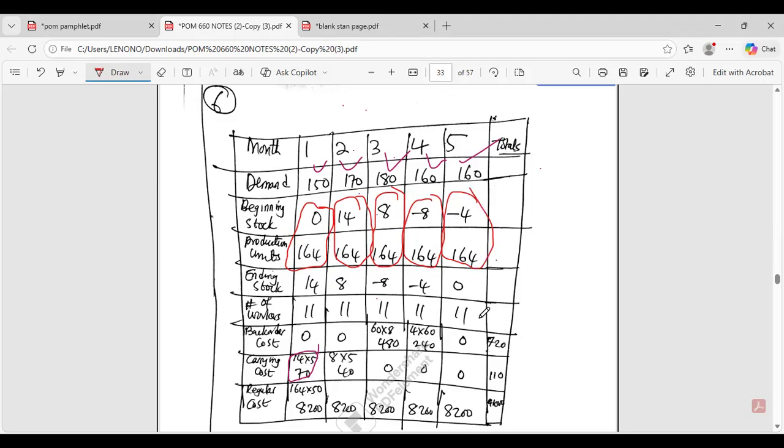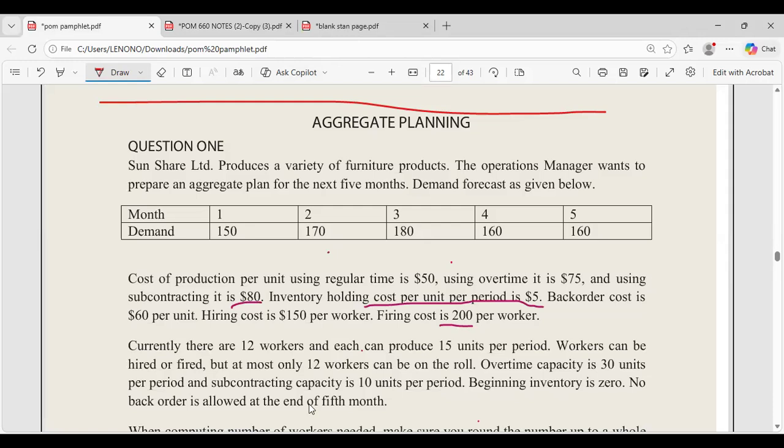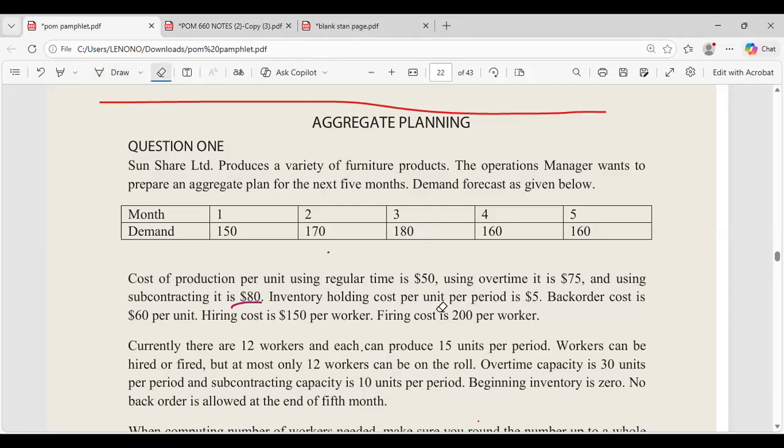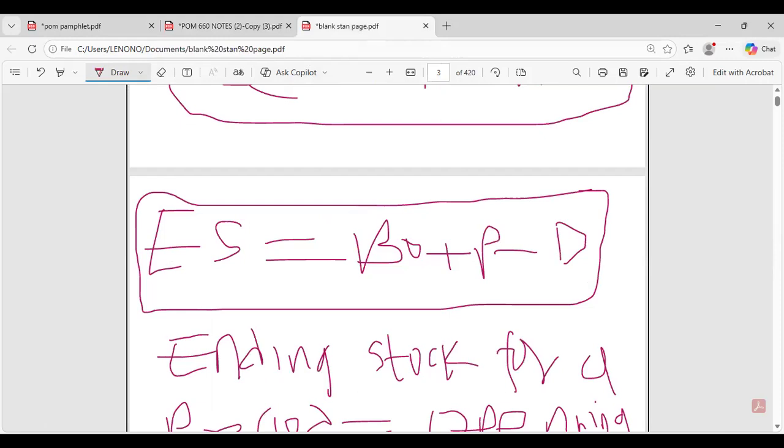So physically, we are holding 14 units times $5 per unit holding cost, which is given in the question. So this is how we are getting the 70. 8 times the 5 is 40. So the total holding cost. Who can tell me the other term for holding cost?